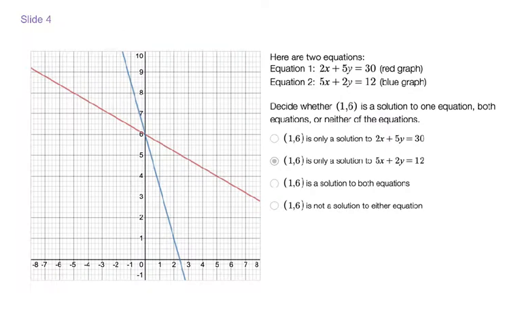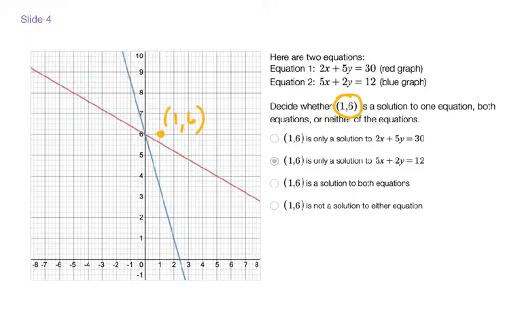Here's the last slide, slide 4. And again, it's asking you whether the ordered pair of 1, 6 is a solution to one, both, or neither of the equations. As I've done in the previous two slides, what I'd like you to do is graph 1, 6.